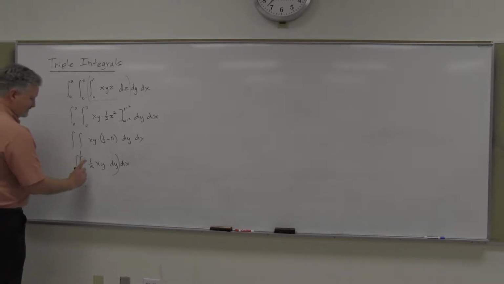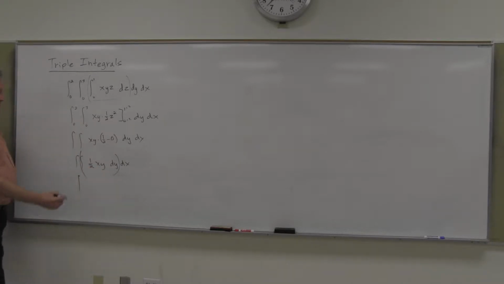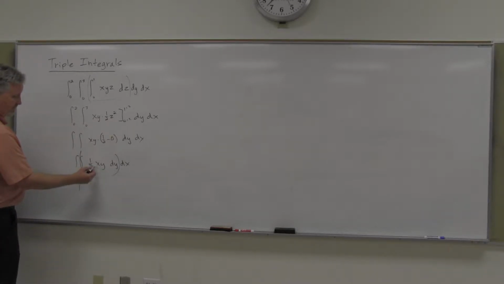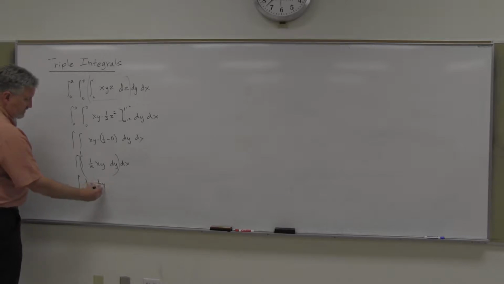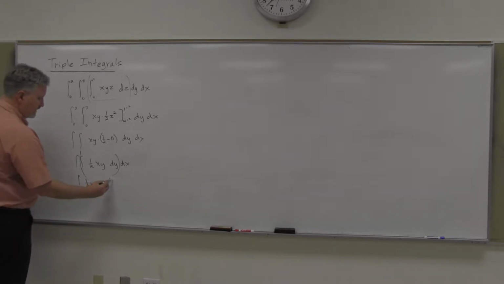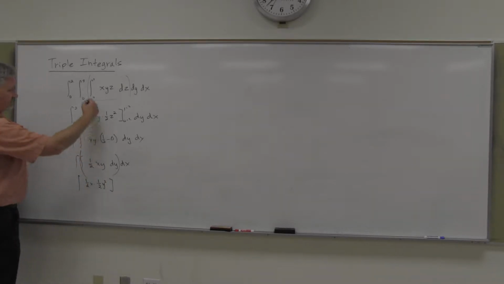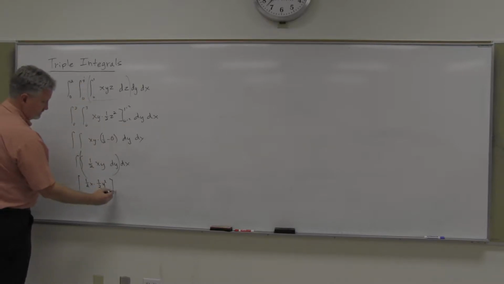Anyway, I'm integrating with respect to y. So now I'd have the 1/2 x times just the antiderivative of y, that's 1/2 y squared. And the y's go from 0 to 3.